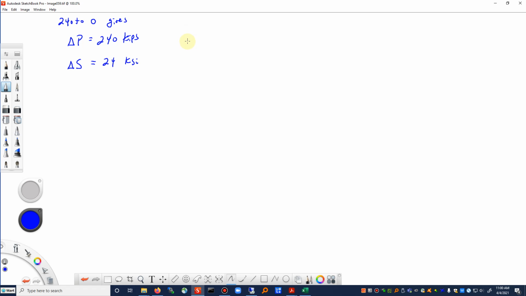And now we're going to use the cyclic form of Neuber's rule. Delta sigma delta epsilon is equal to KT squared delta S squared over E. And we've already written this down, but we're also going to use delta epsilon is equal to delta sigma over E plus 2 times delta sigma over 2k prime to the 1 over n prime power.